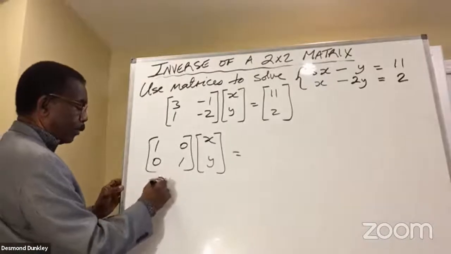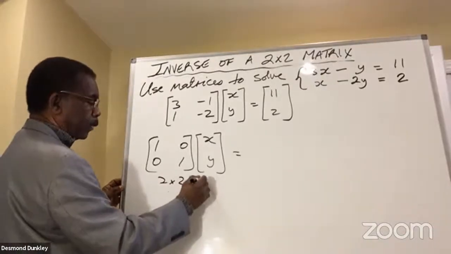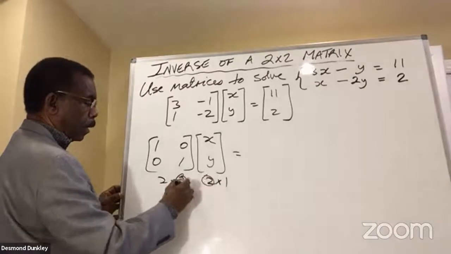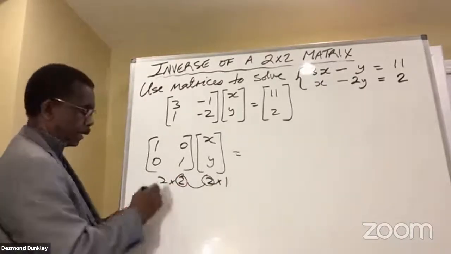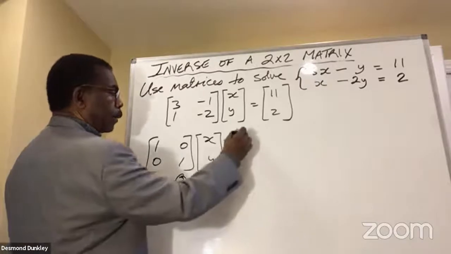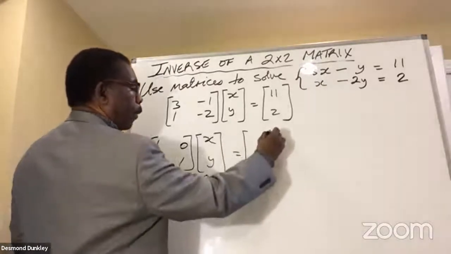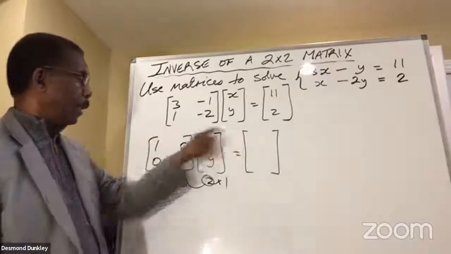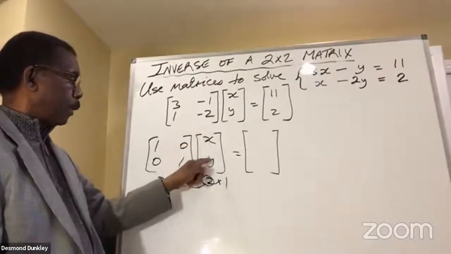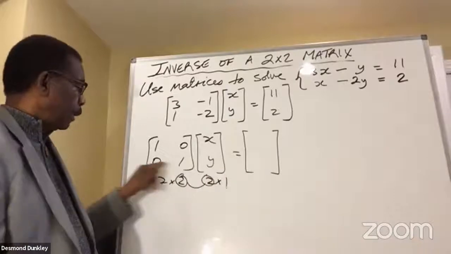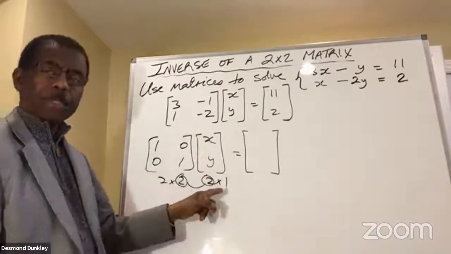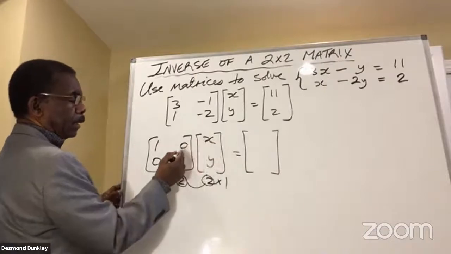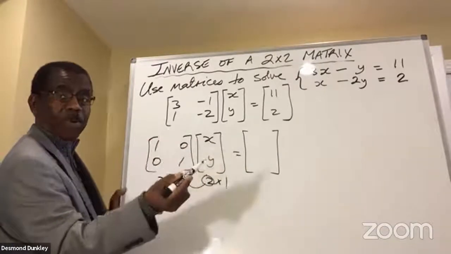Watch. This is a 2 by 2. This is a 2 by 1. So therefore, the product exists, and this is a 2 by 1. This is the first entry, obtained by the first row, first column. This is the next entry, second row, first column. 1 times x is x, 0 times y is 0.